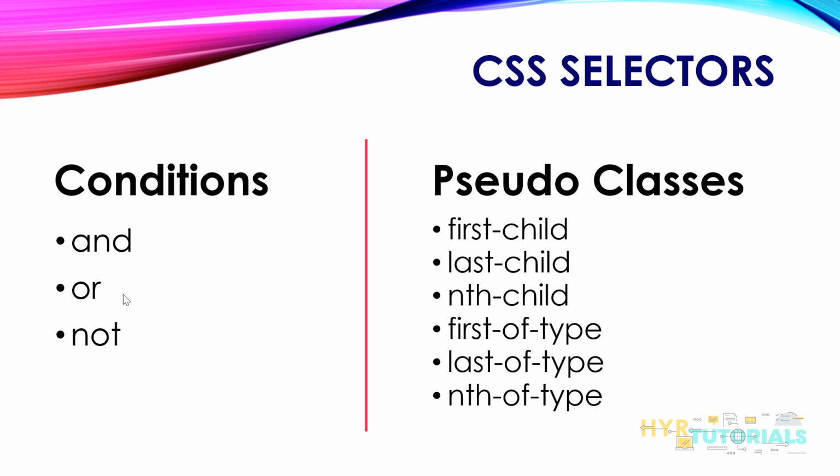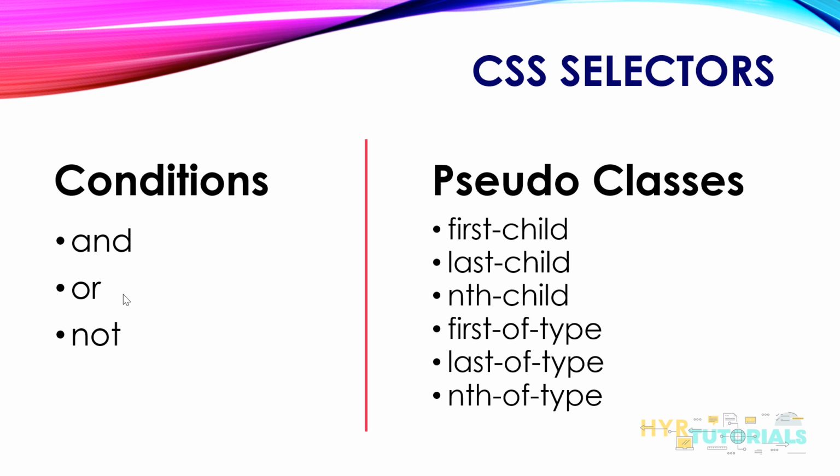The or condition is just the reverse. In the first condition, all the conditions should return true, but in the or condition, any one of the conditions should return true. For example, if you have used three conditions, and any one of them returns true, then it will retrieve the element.